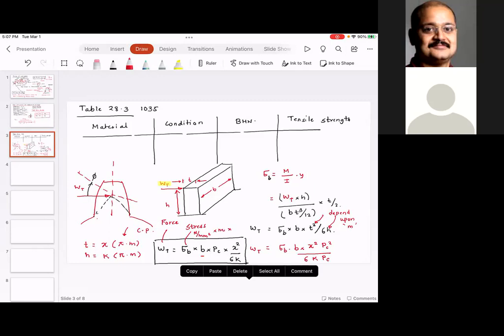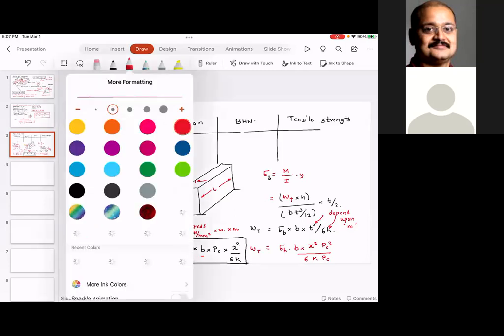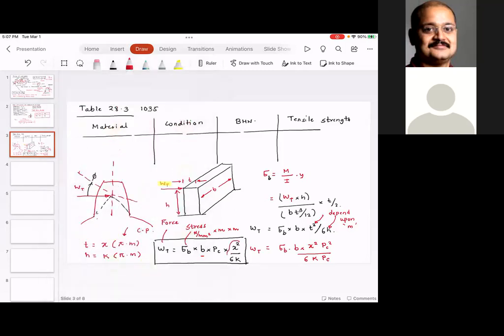PC is the circular pitch, which is pi times m, which is again given in millimeter. X is a constant of proportionality. K is a constant of proportionality. So do you agree with me that this big term that you see here is nothing but a constant?